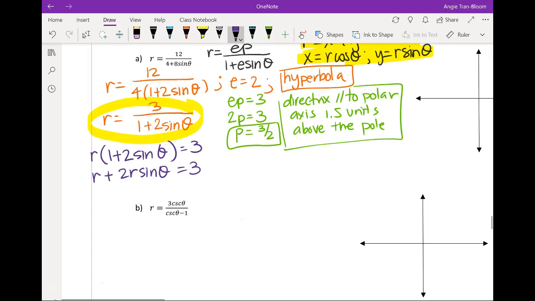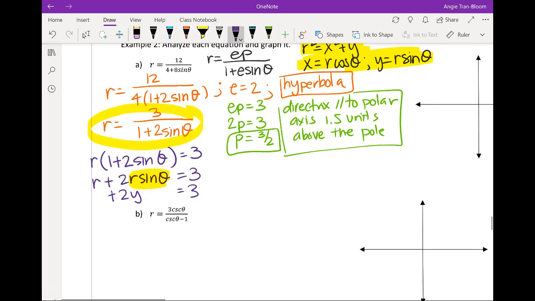What's next? Yeah, what's this? y. So, okay, we can convert that to 2y equals 3 here. What's r? Radical. Okay, x squared plus y squared. Now what? We know it's a hyperbola, so we have to make sure it looks like a hyperbola so we can graph it. What's your next step?